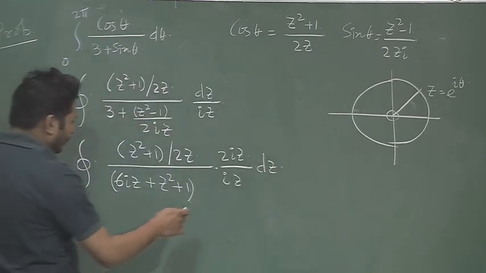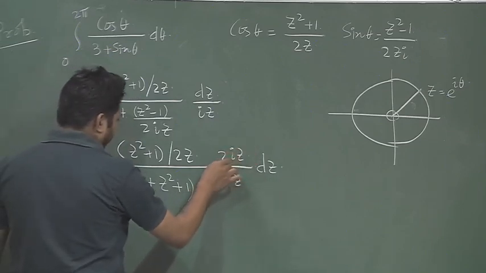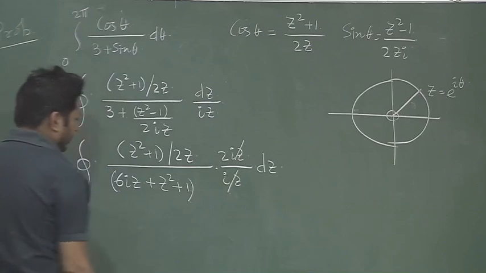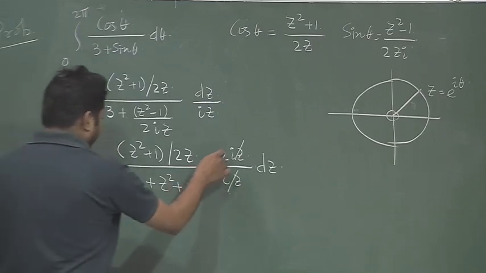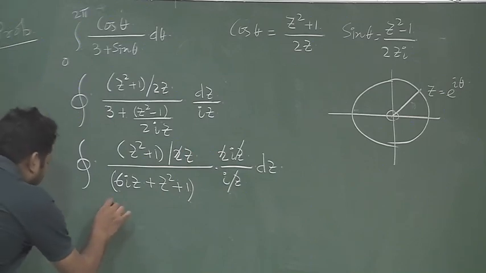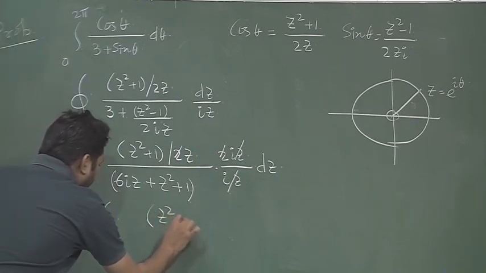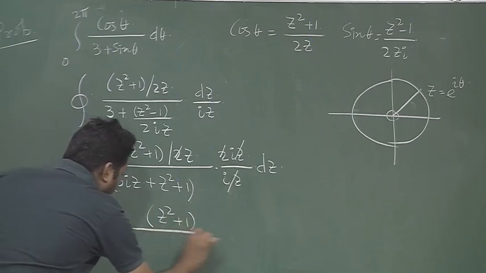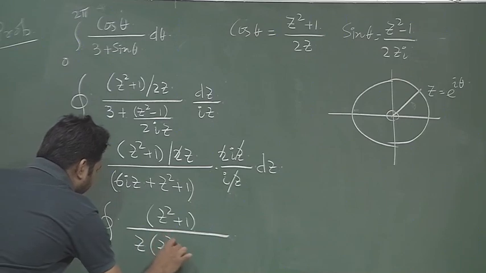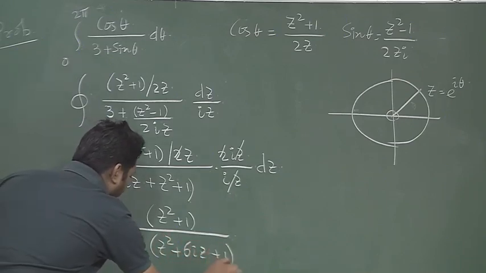So, few terms are going to cancel. For example, this 2iz and here iz is there. So, iz will cancel out, this 2 and this 2 also cancel out. So, what I finally have is something like this: the function is z square plus 1 divided by z multiplied by z square plus 6iz minus 1 dz.